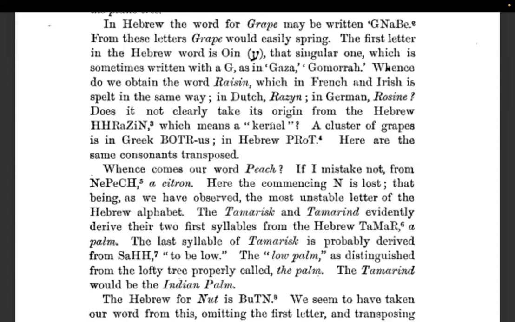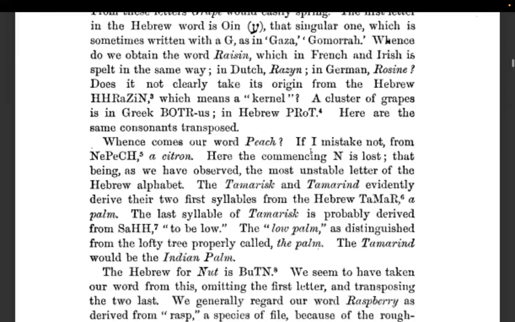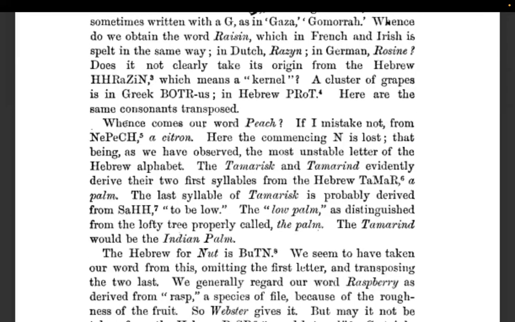Does it not clearly take its origin from the Hebrew harazin, which means a kernel? A cluster of grapes is in Greek botrus or bortus, in Hebrew parot. So you see the B becomes a P, and the T and R are switching their places. Here are the same consonants transposed, right?